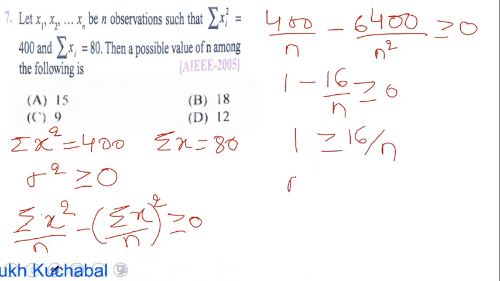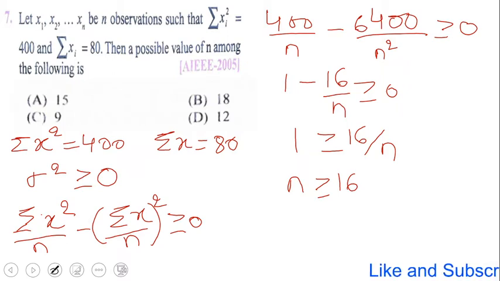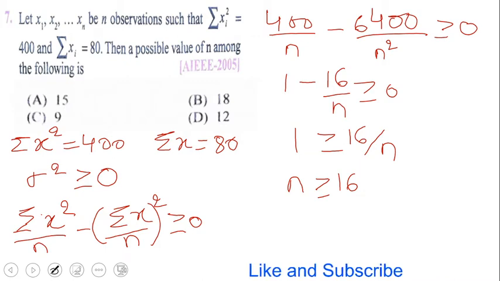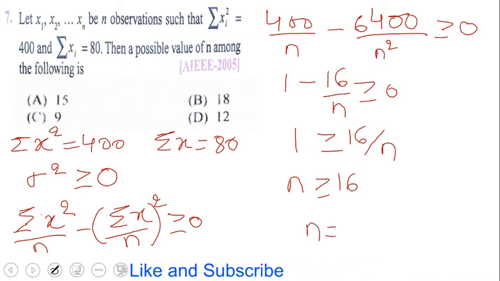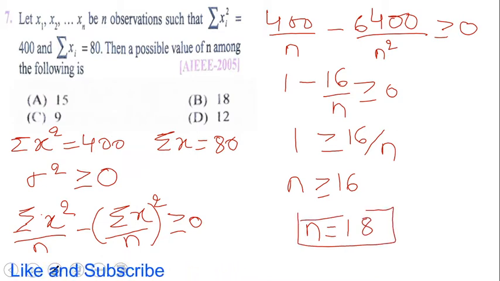So the value of n we get as greater than or equal to 16. Here we observe that n is greater than or equal to 16, therefore clearly the value of n is 18 here. N is 18, therefore clearly option B is the right answer.